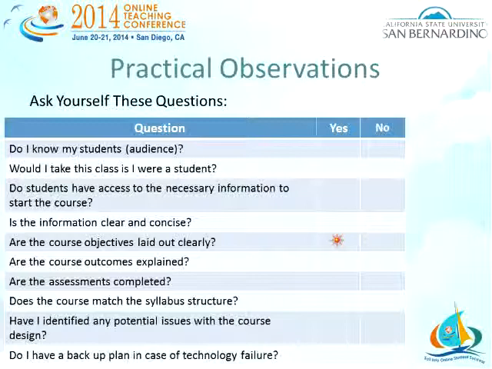If the objectives are laid out clearly, then the next question is, what about the learning outcomes? If you told the students, these are my objectives for the course, this is what you should expect, do students know how they are supposed to be assessed in achieving those objectives, through the learning outcomes? What about the assessments?